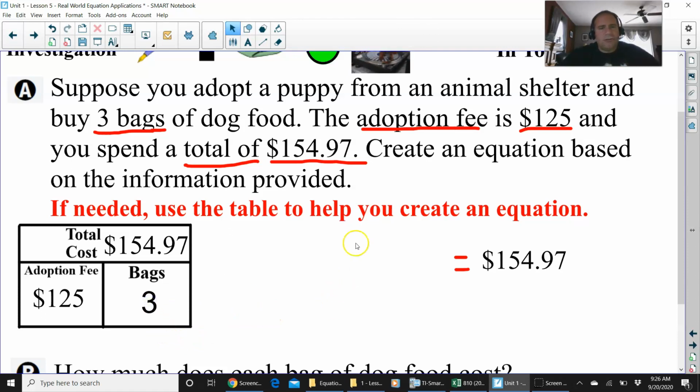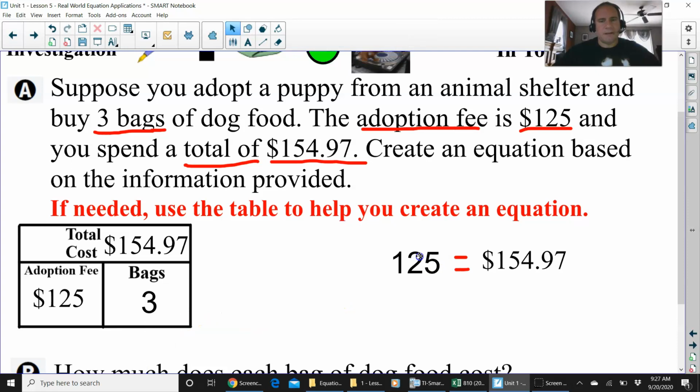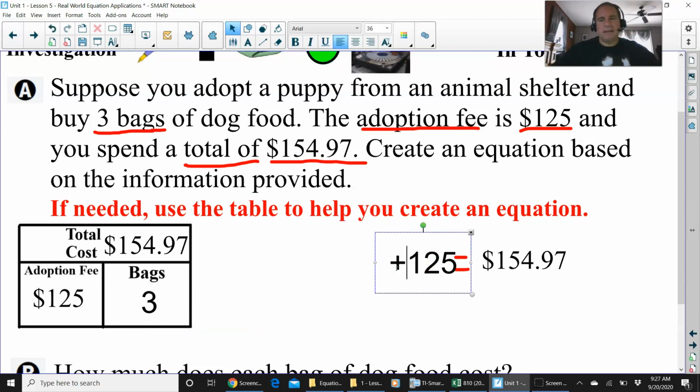Okay, so if this is an equation, what is the initial value, that starting value that you had when you adopt a puppy? What do you have to pay? It's the $125. So I am going to put 125 right here. And I'm going to add that plus sign.